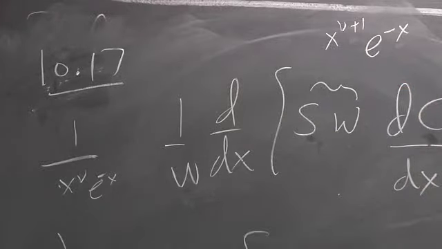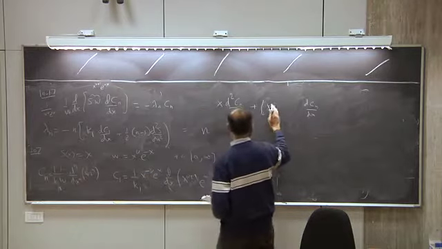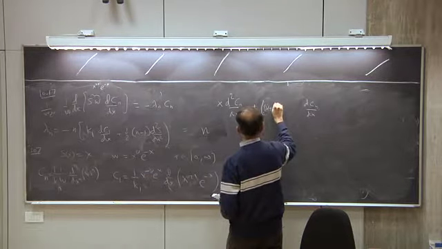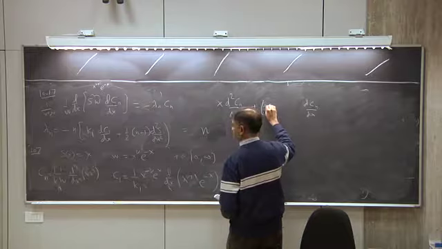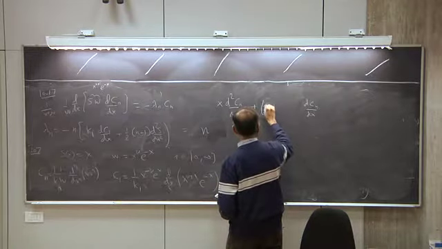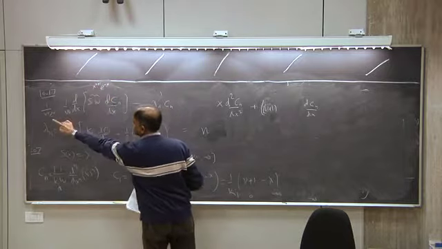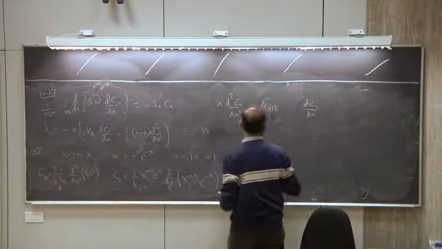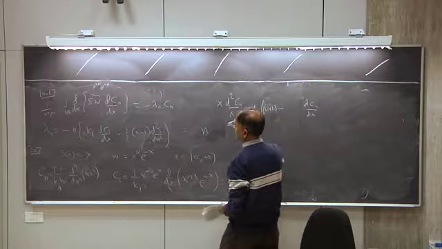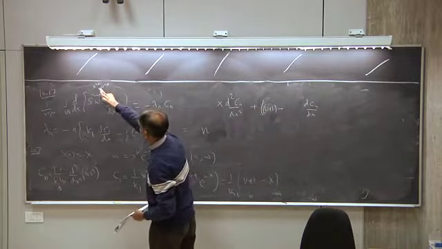Sorry, nu plus 1. So when the derivative hits here, you get nu plus 1 times x to the nu, which will cancel. So that's one term. And the second term is minus x, the derivative hitting here.